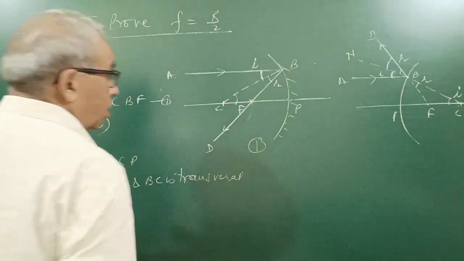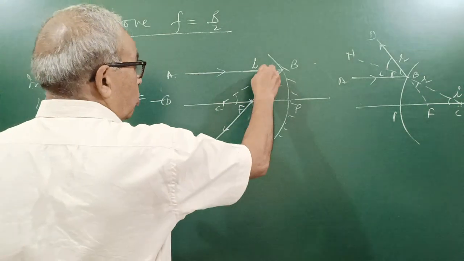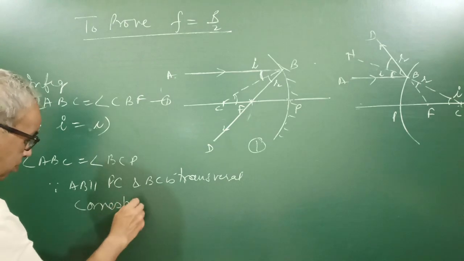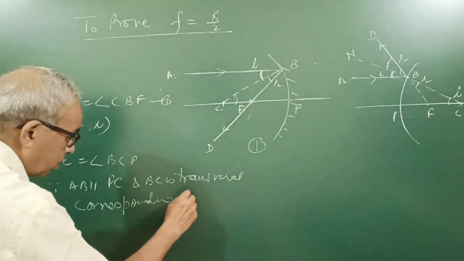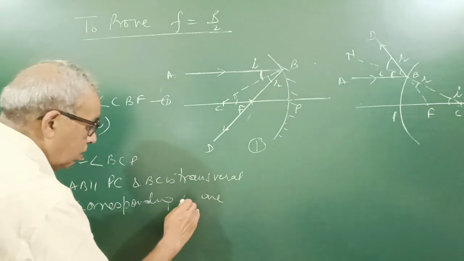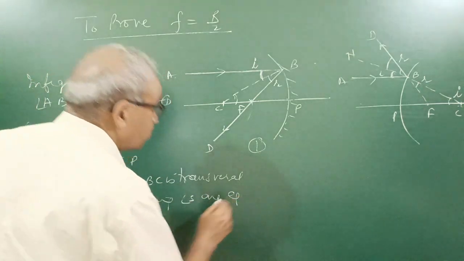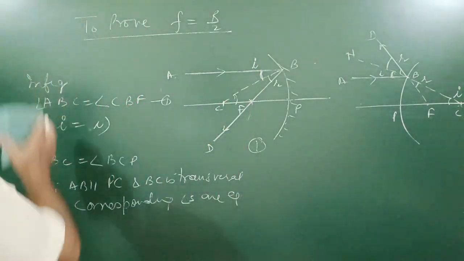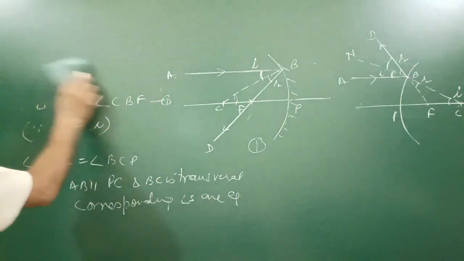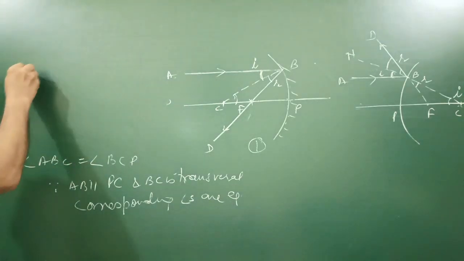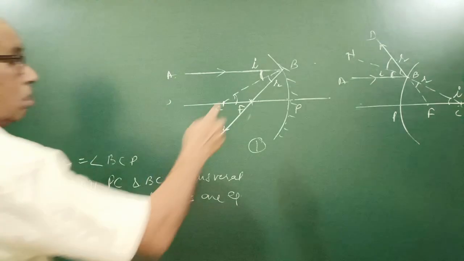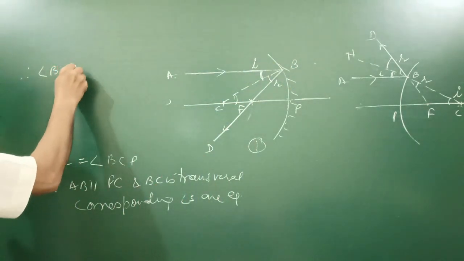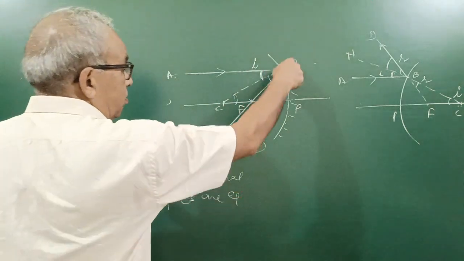So which angles are equal? Corresponding angles are equal. Hence angle BCP is equal to angle CBF.